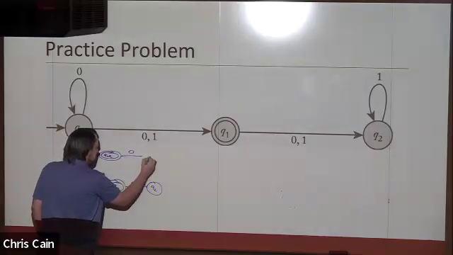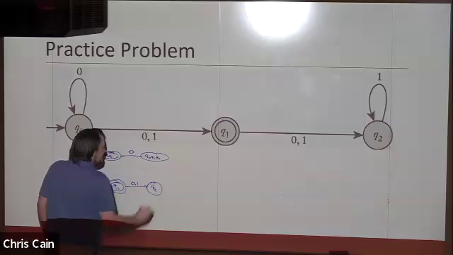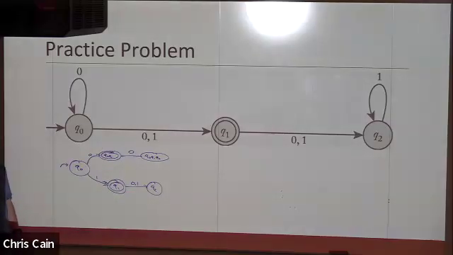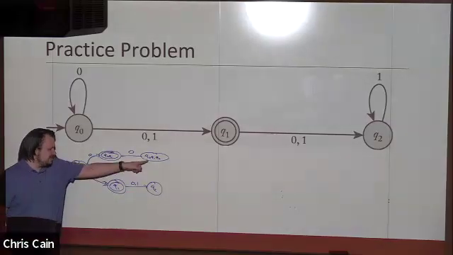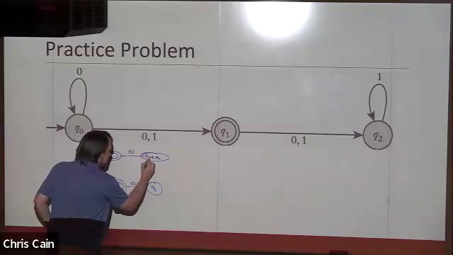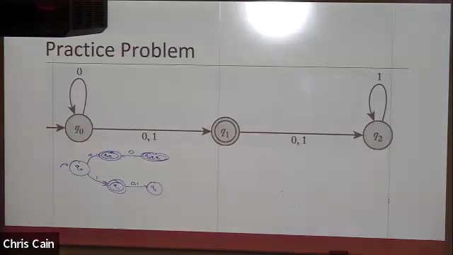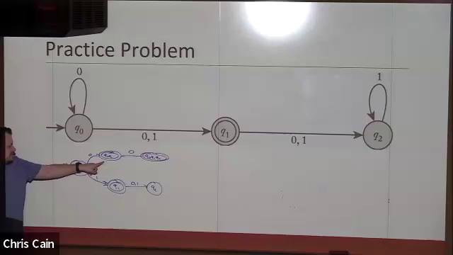So on a 0, we are going to go to Q0, Q1, Q2. Is that state final? Yes, because at least one of the associated NFA states in here is final, Q1 is. So the DFA state Q0, Q1, Q2 is also final. How about Q0, Q1 on a 1? Q1, Q2.